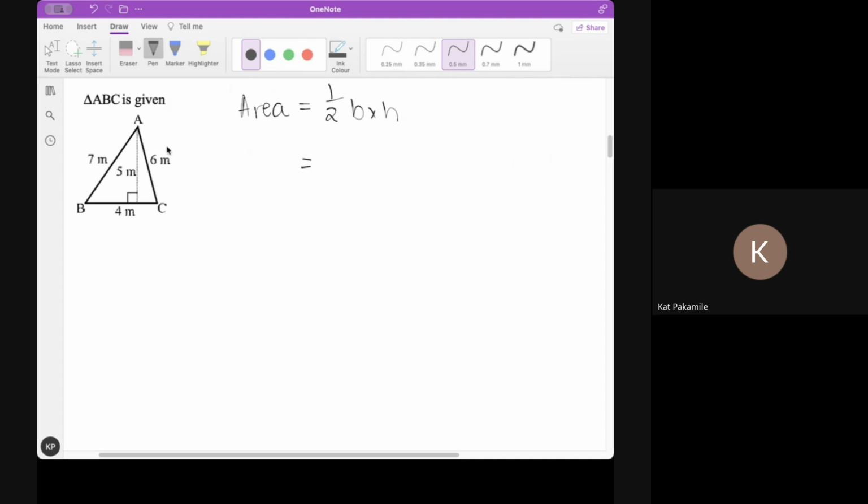That is 4, and the perpendicular height is 5. Great. Now let's work out our area here. Half of 4 times 5. What is that going to give us? That will give us 10.